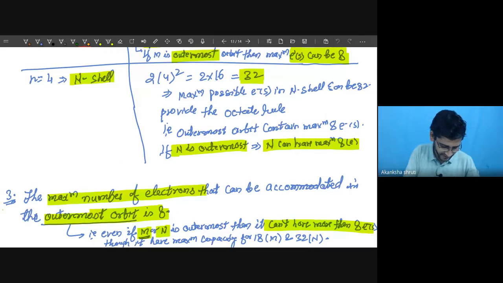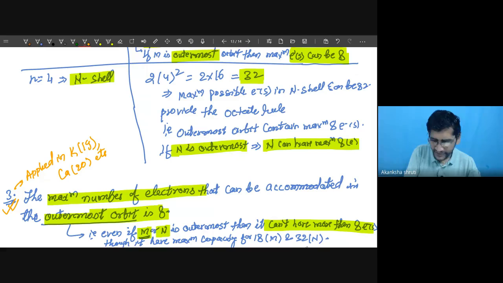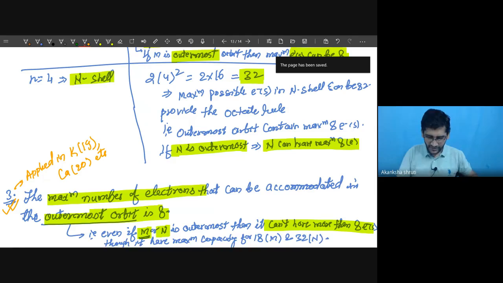This one. Okay. So this is applied in potassium, which has 19, calcium, which has 20, etc. When 21, 22, all those things, it is also applied. So this was all about our today class.